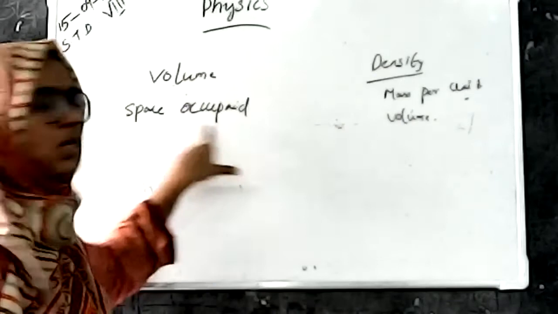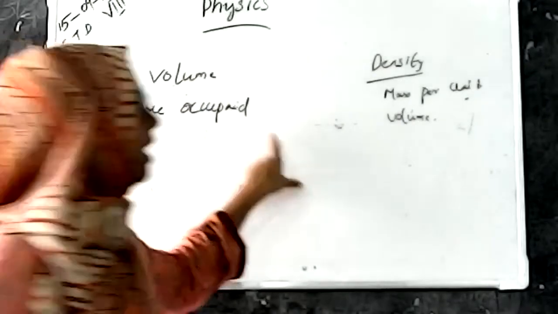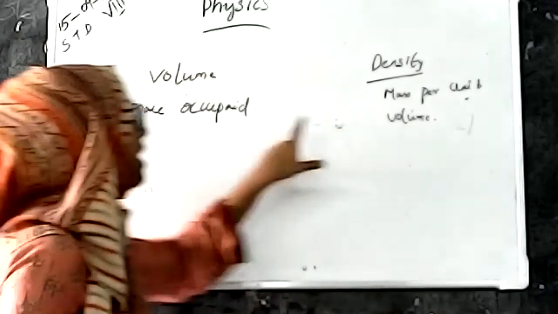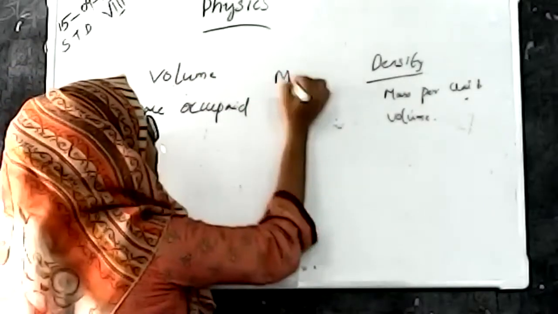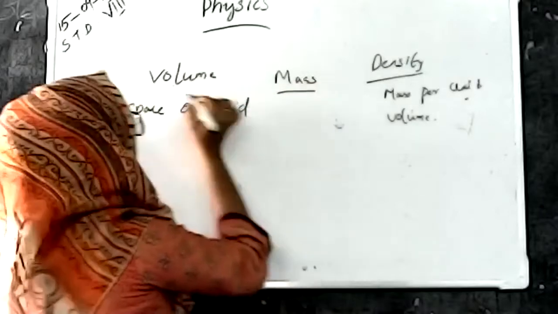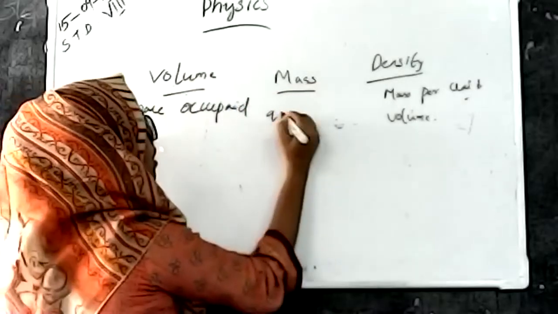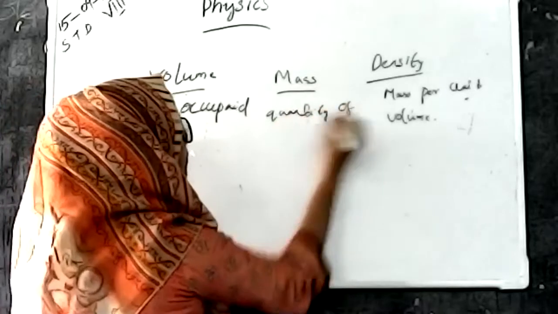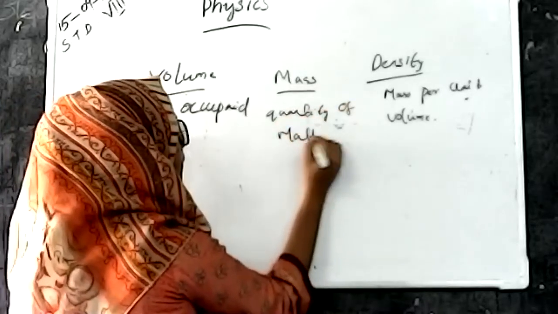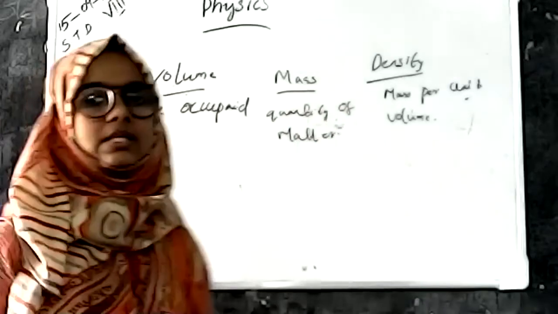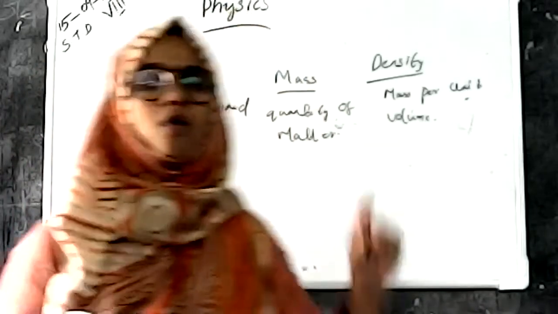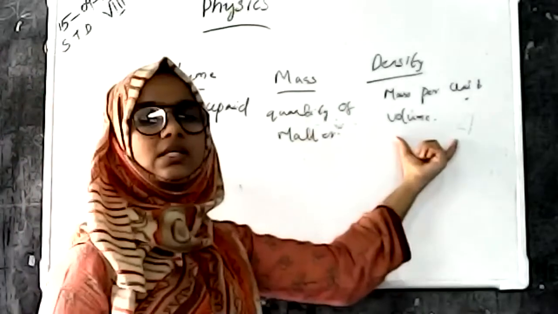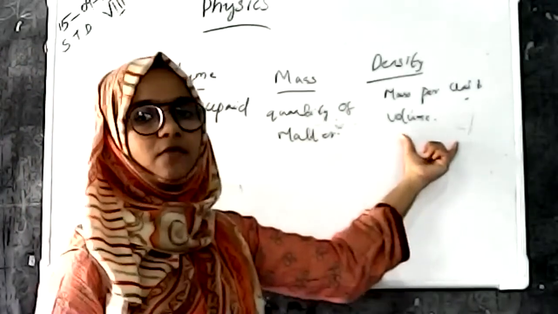Volume is the space occupied by a body and density is the mass per unit volume. And mass is the quantity of matter. Mass is the quantity of matter, volume is the space occupied, and density is the mass per unit volume.